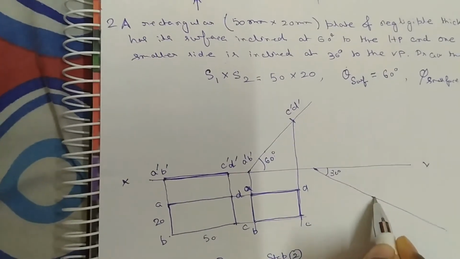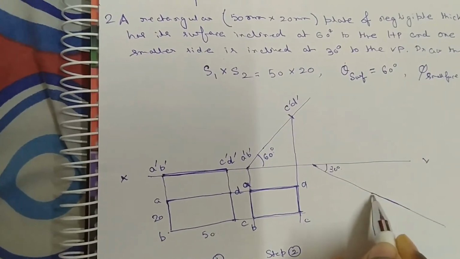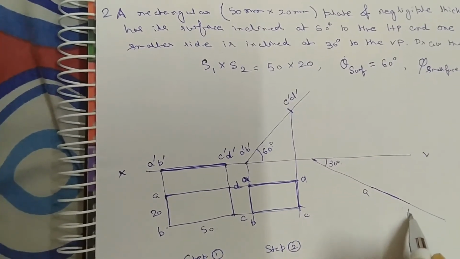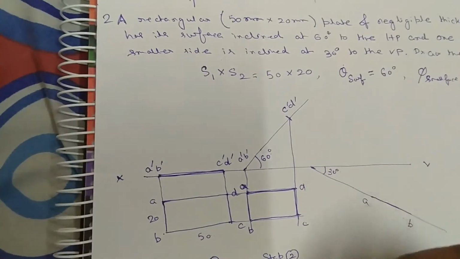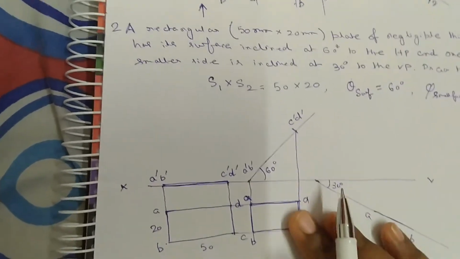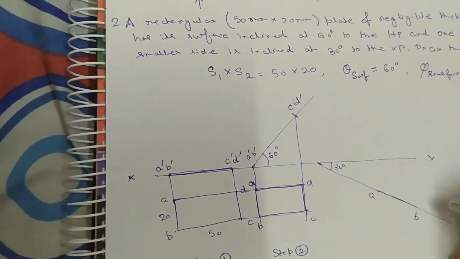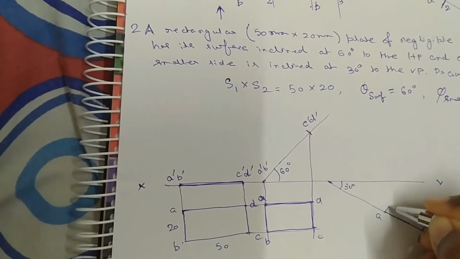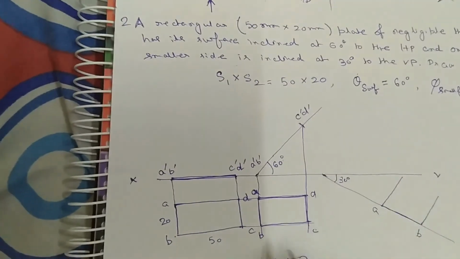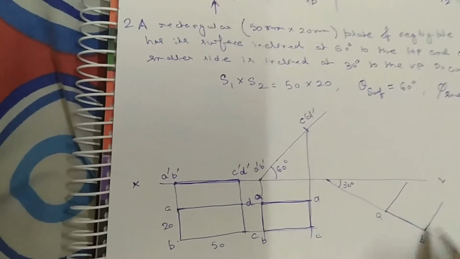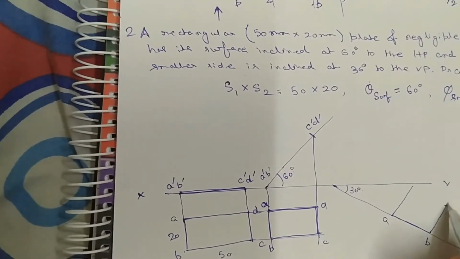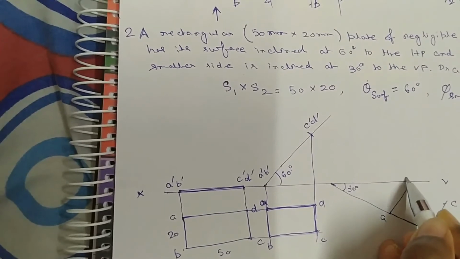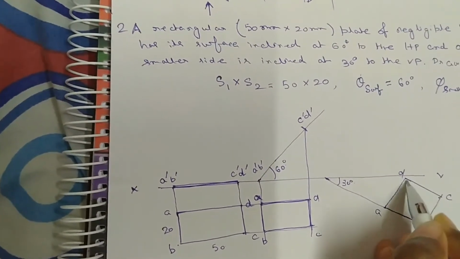We will simply take this length AB over here. After that, we put the set square over here and make 90 degree like that. And then BC we are going to plot over here. C, this is D, just join it.